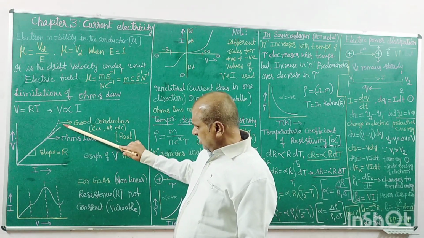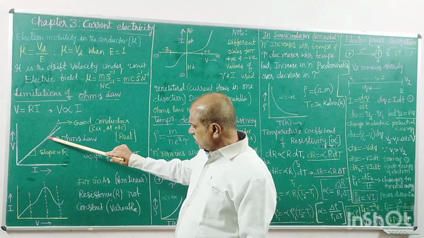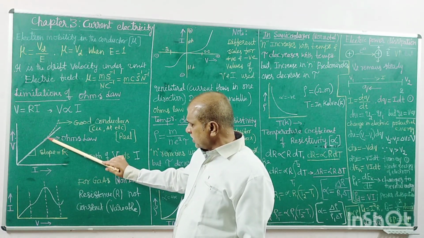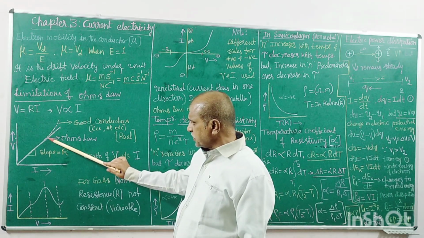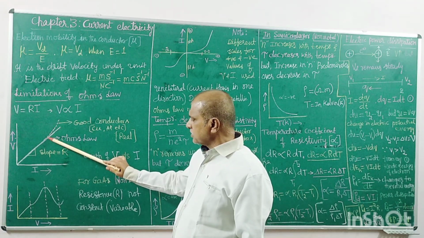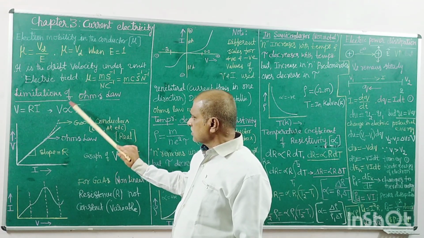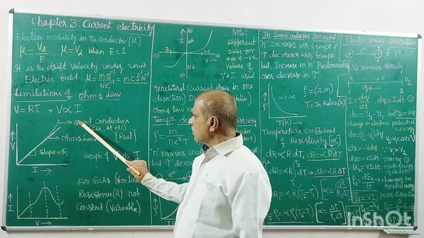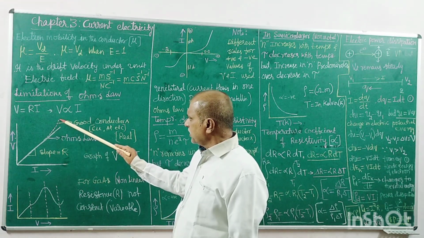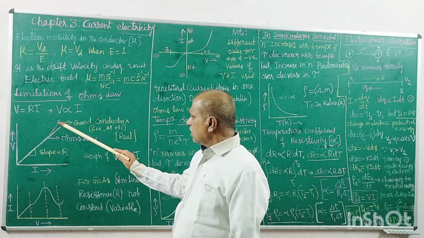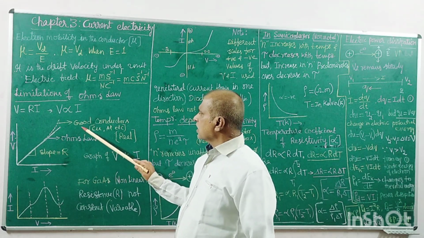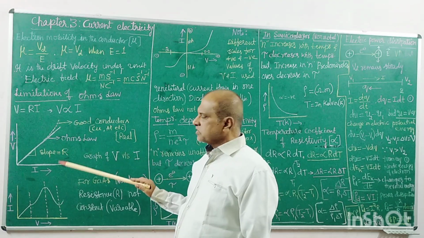And it says that for conductors like this, Ohm's law is applicable up to a certain limit, up to a certain voltage or current range. Beyond that, that is at higher voltage and higher current, the law is not applicable. The material does not obey Ohm's law. That deviation shows that at higher values of V and I, the conductors also change their resistance.